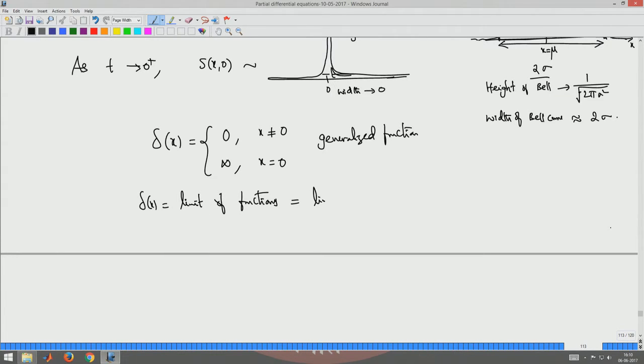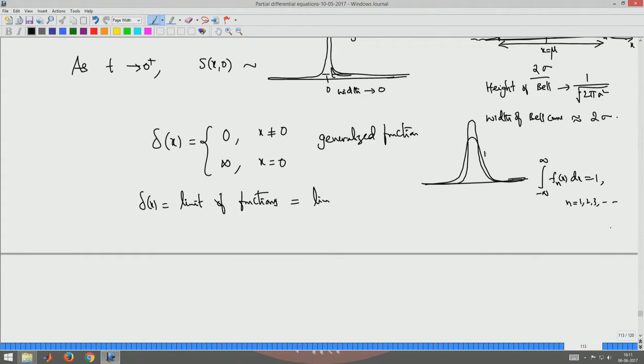So, something like the limit of all these usual peaks. Every time you increase the peak, but its integral value, its area, is the same; we maintain the area as 1. So, the functions f_n of x, with the integral of f_n(x) dx from minus infinity to infinity equal to 1. Initially f1 is like this, f2 you come inside and increase the peak, and n is 1, 2, 3 onwards.